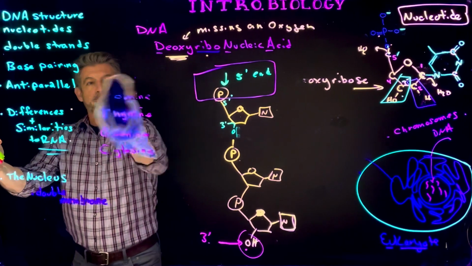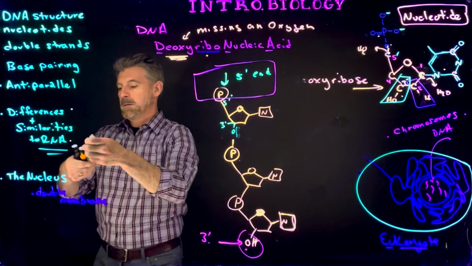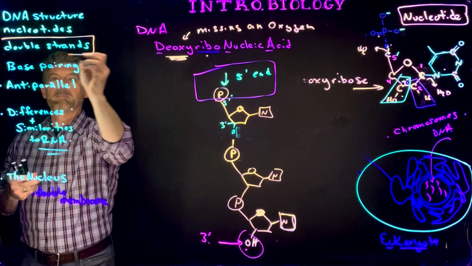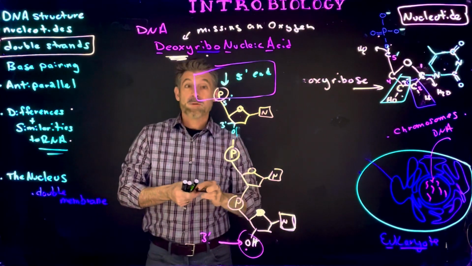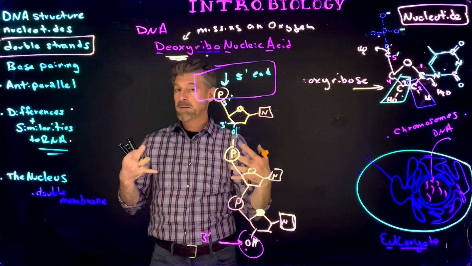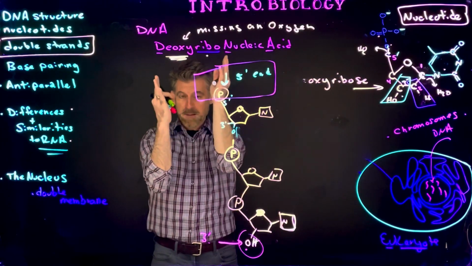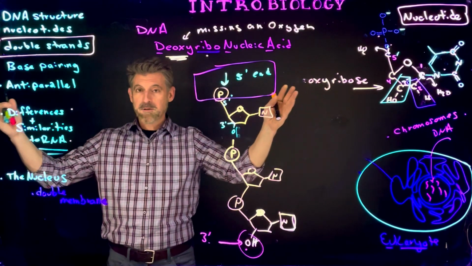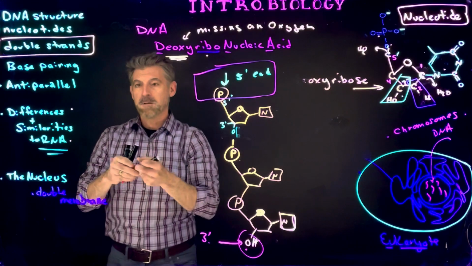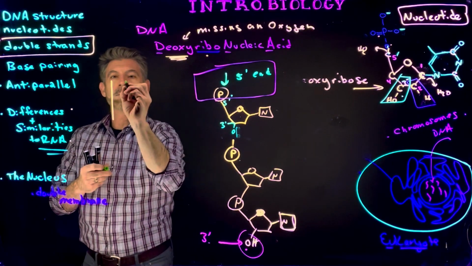DNA was found out to be a double-stranded structure. So instead of a single strand like this, there are two strands that are held together, separate from one another. So not one strand folded back on itself, but two separate independent strands that are then held together. So one strand here, and then I'll do a different color just so you see the different one.